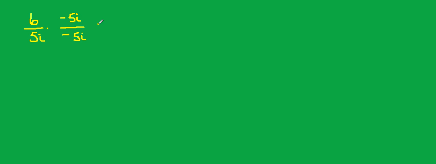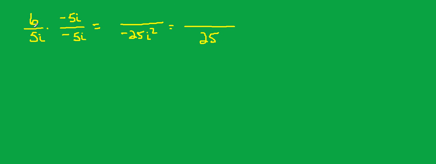So what does this end up being? 5 times negative 5 is negative 25, and i times i is i squared. But what's my denominator? i squared is negative 1 times negative 25 is positive 25.